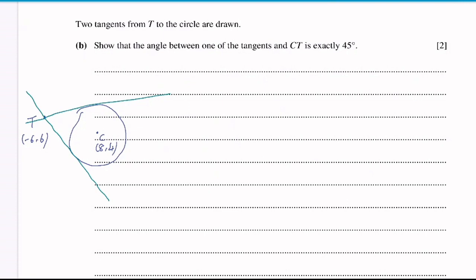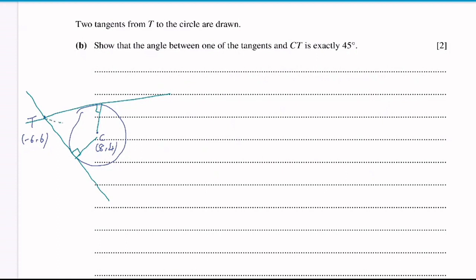We also need to recall the property of the tangent: the tangent makes a 90 degree angle with the radius. We want to find that the angle between one of the tangents and CT is exactly 45 degrees.